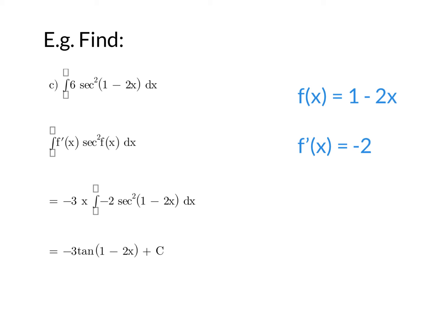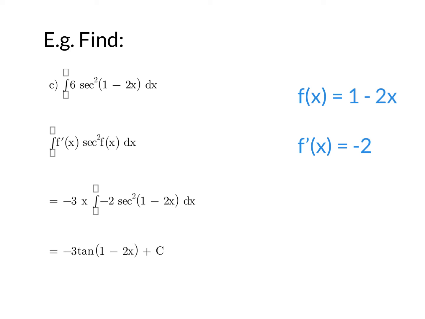The final one in this set of questions is the integral of 6 sec squared 1 minus 2x. So the f of x is 1 minus 2x, f dash of x is minus 2. So in front of the sec squared we need minus 2. You'll note currently we have 6.